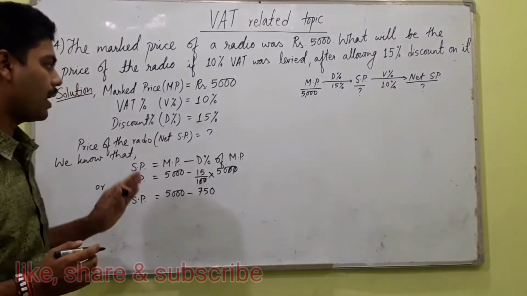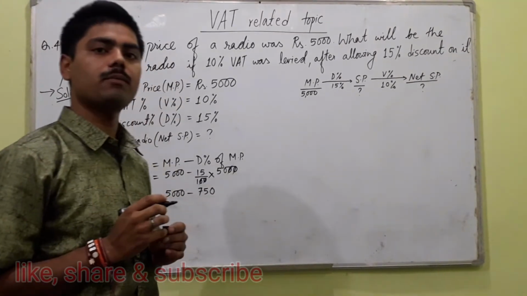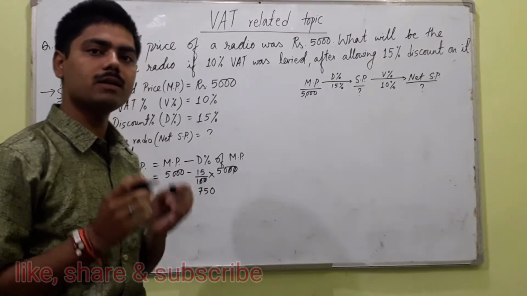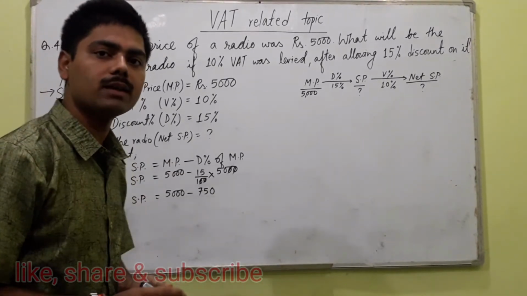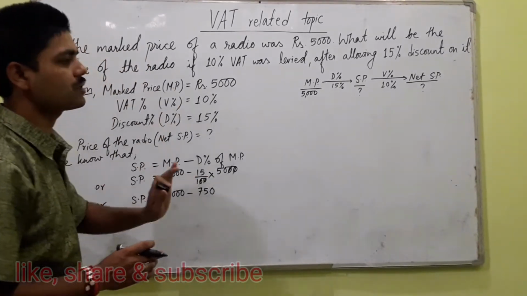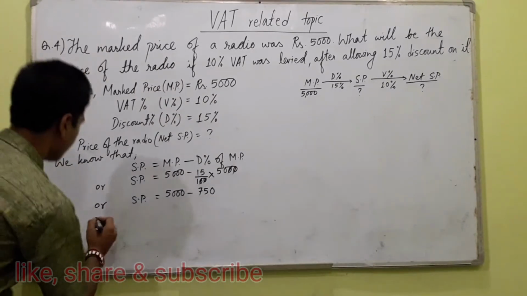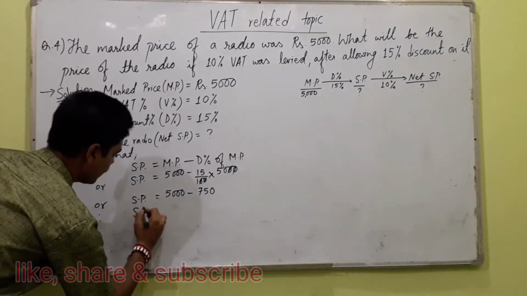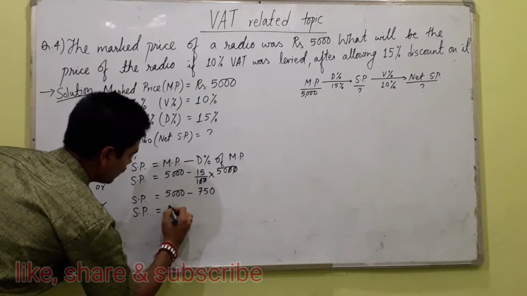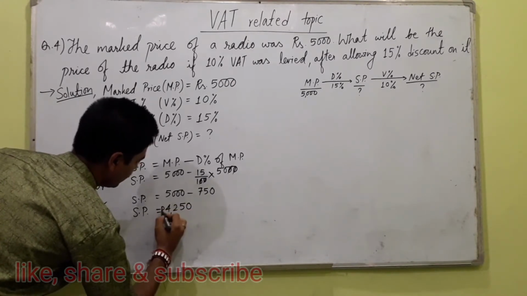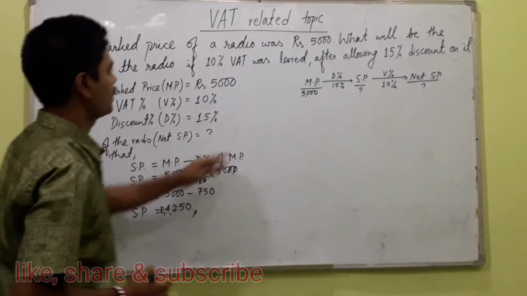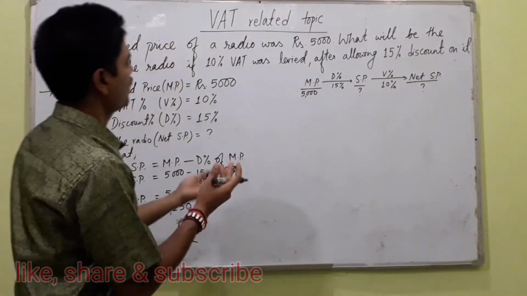In the previous video, I told you, you must know the multiplication table up to 20. If you can remember the multiplication table up to 20, then you can easily solve any type of questions in grade 10. Therefore, selling price is equals to 4,250 rupees, because the unit is given in rupees.